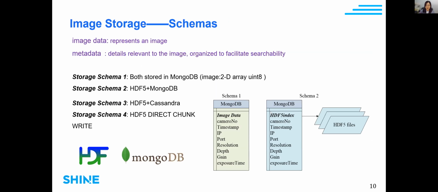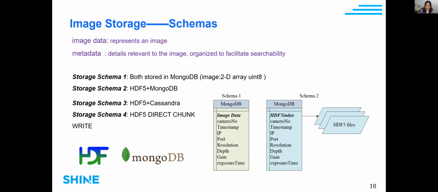Next part, the storage. The image data represents an image, and the metadata includes details about the image. We have designed 4 schemas for storage to see which one has the best performance. Schema 1, both the image data and the metadata are stored in MongoDB.